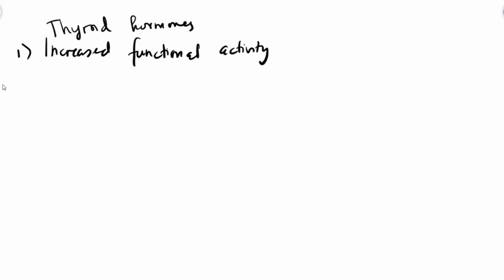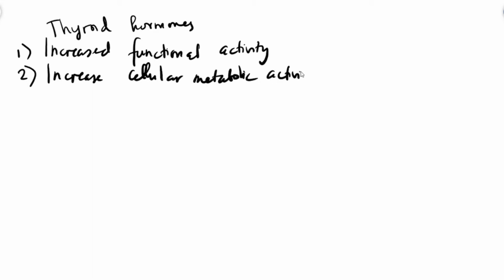The second effect of thyroid hormones is to increase cellular metabolic activity. The thyroid hormone does this by increasing the number and activity of mitochondria.